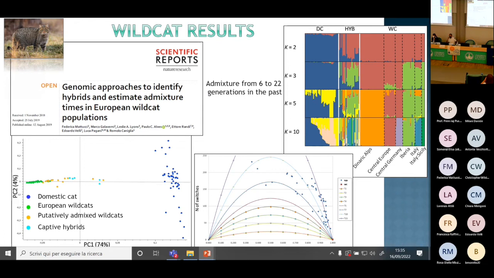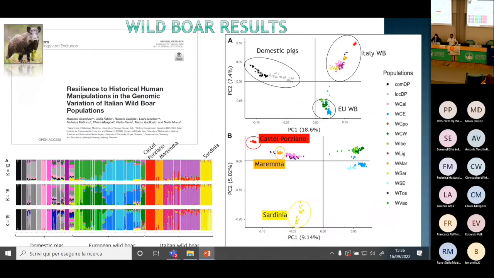They allowed us to identify admixed individuals dating back from the 6th to 22nd generation in the past, and gene ontology methods allowed us to clearly distinguish in the admixed individuals domestic-like genes mainly related to cognition and neural crest development from wild-like genes mainly related to social behavior, adaptive and metabolic processes.